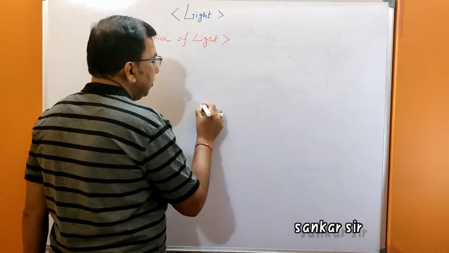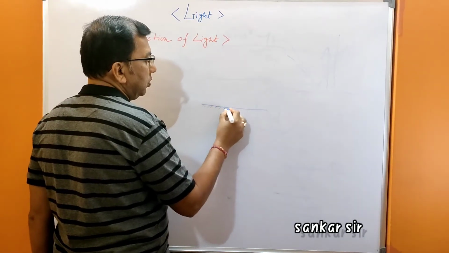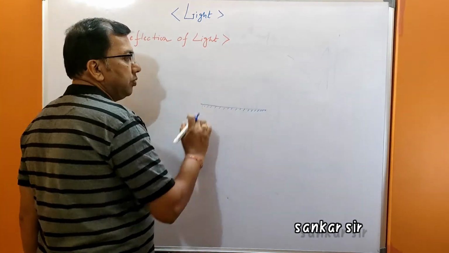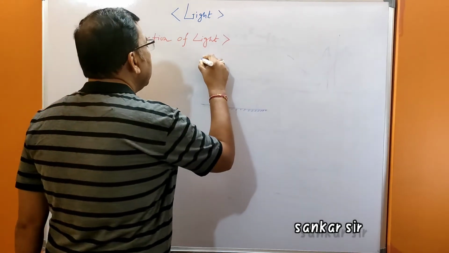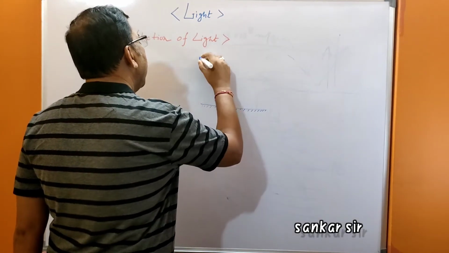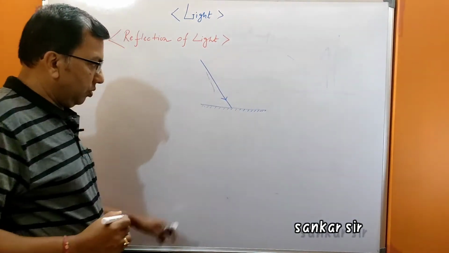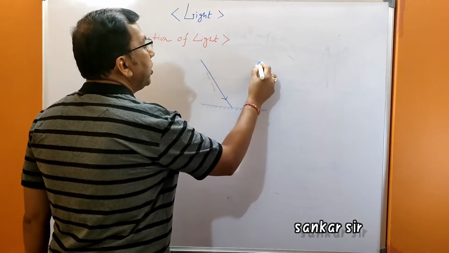Suppose this is the surface, a smooth surface or rough surface. If light strikes, hits the surface, it gets bounced back.